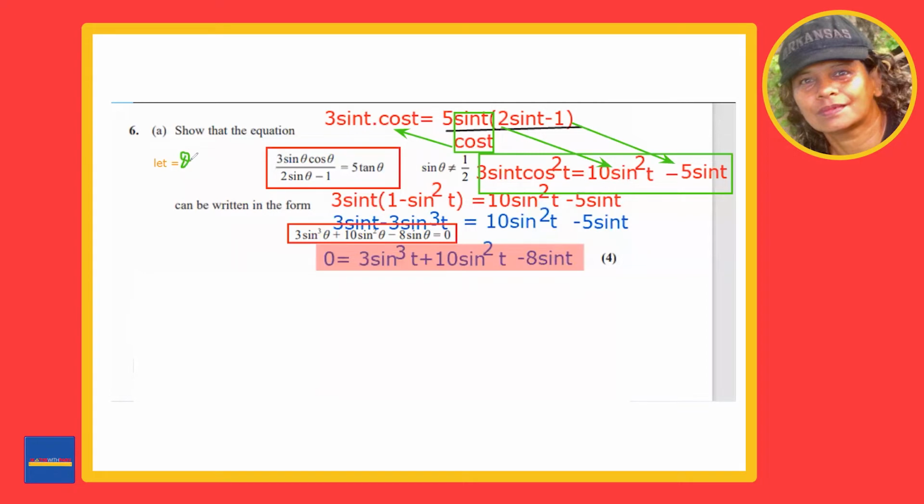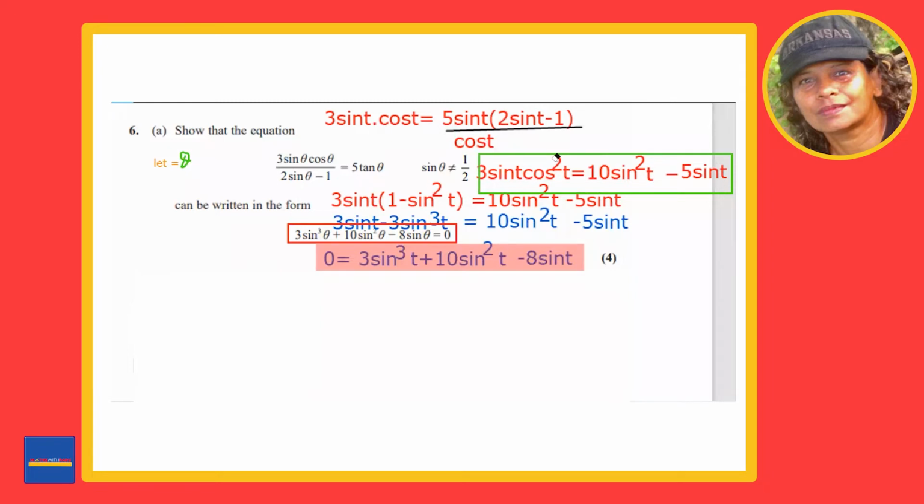All right, so t is equal to theta. Theta is what we refer to as the angle. So here we go. Our equation has now been reduced to 3 sine t cosine squared t is equal to 10 sine squared t minus 5 sine t.